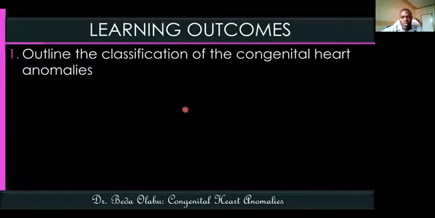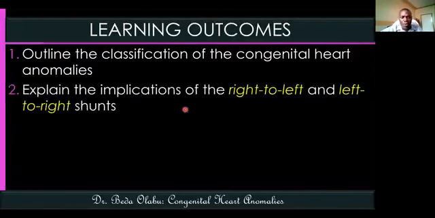So now, what do we need to learn here? We are going to look at how we classify congenital heart anomalies, just an overview of how we classify them. We're also going to explain the implication of what we call a right to left shunt. We're also going to look at the implication of what we call a left to right shunt.